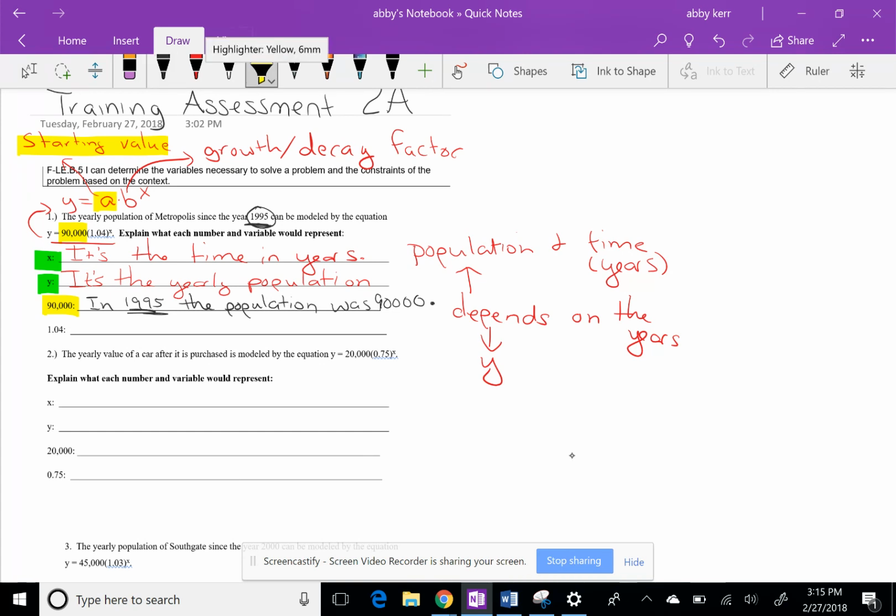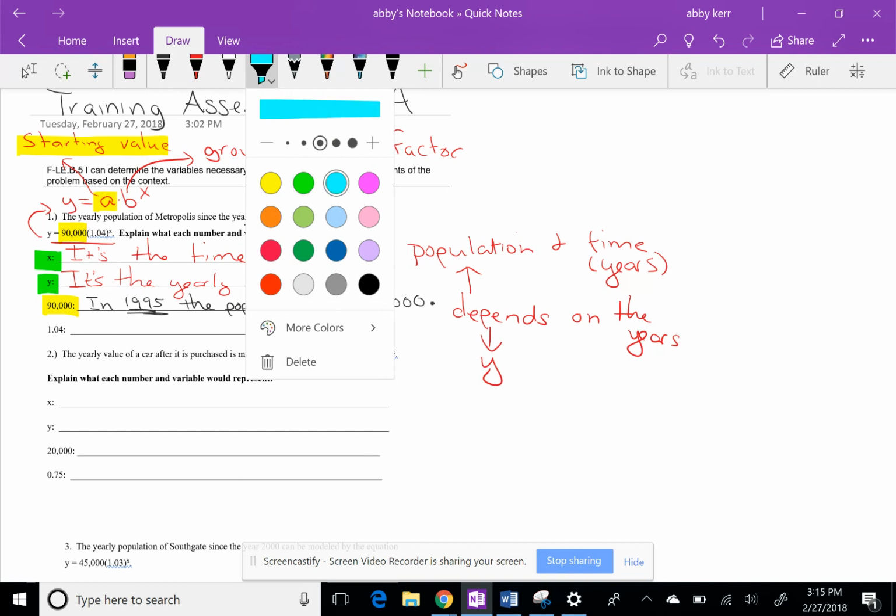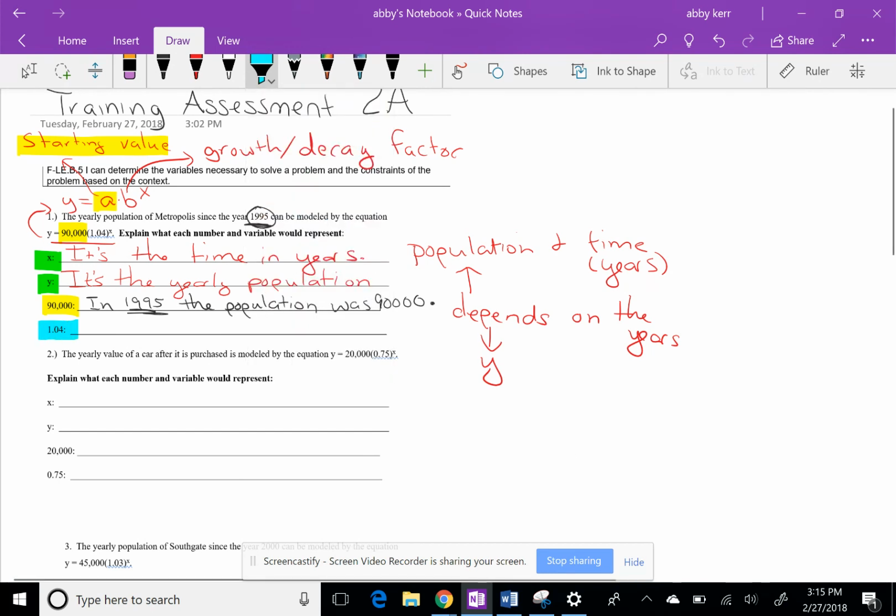Now the second number is the 1.04. Notice that it's wrapped up in parentheses just because that means multiplying. But more importantly, it's next to the x value. So that's our b. Now, something that you should have already learned is if your b value is greater than 1, it's a growth value or a growth factor. So this population is actually increasing. It's increasing at a factor of 1.04.